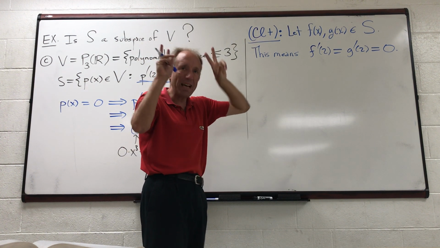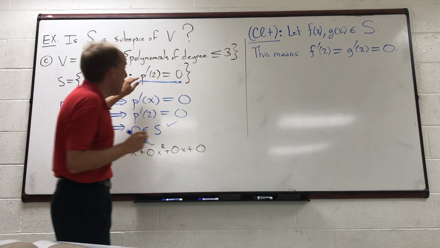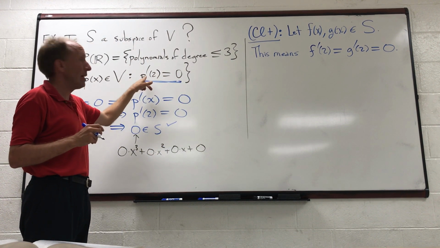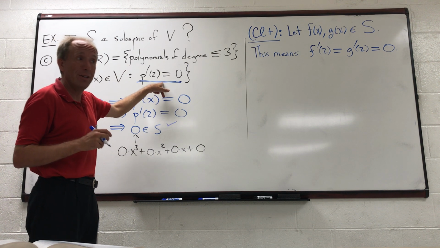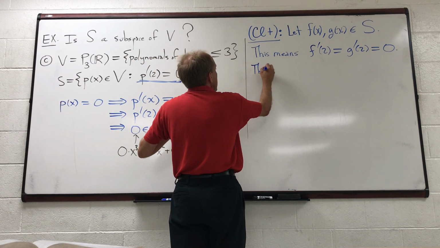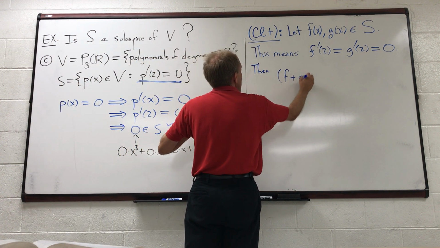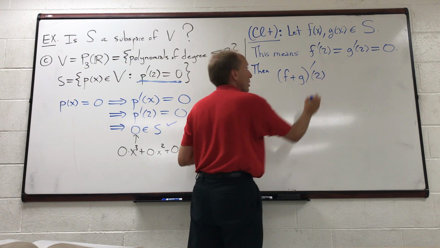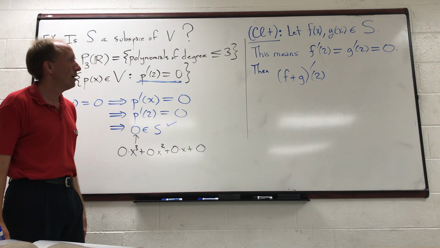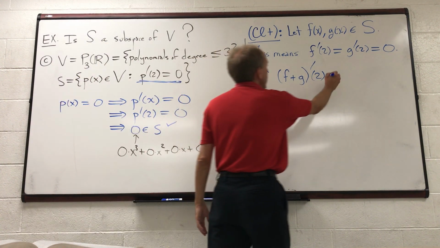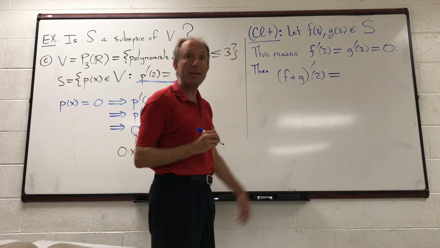The question is, is f plus g in S? Well, it just means I have to take the derivative of it and plug in 2. Okay, so then let's look at f plus g. I'm going to take the derivative of it and plug in 2. Okay, now what is that? How does that break down?